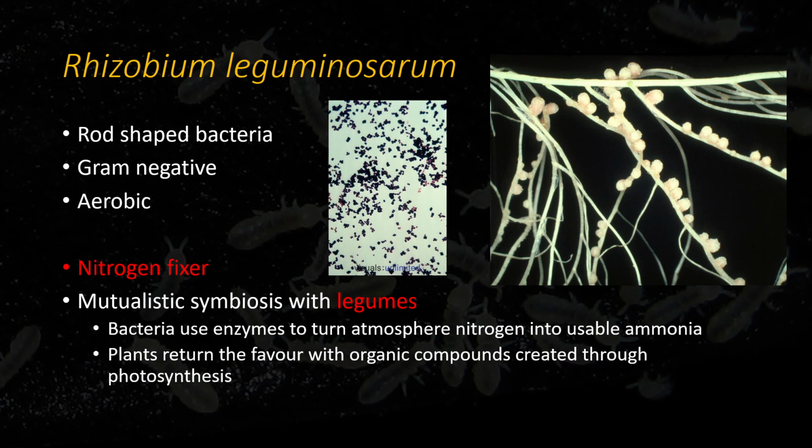So this is everything from peas and alfalfa to acacia trees. Lupins are part of the legume family. All of the beans and lentils you've ever eaten are part of the legume family. It's a pretty large family. And they're all really good nitrogen fixers because they have this particular bacteria that grows symbiotically.